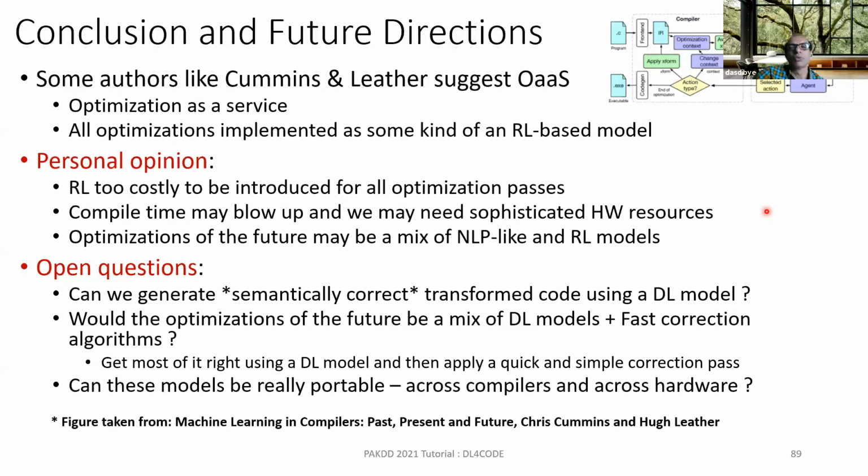Some optimizations, easy ones, maybe NLP-like, where correctness may not be a major issue. The other ones, the important ones where correctness is an issue, will probably take our models.